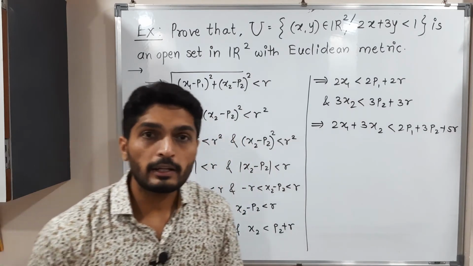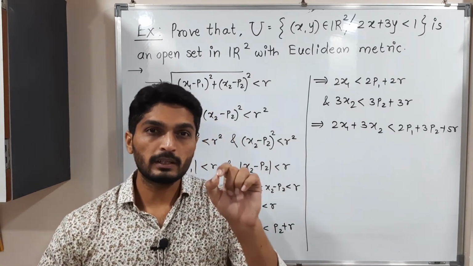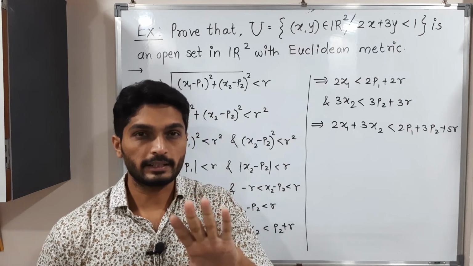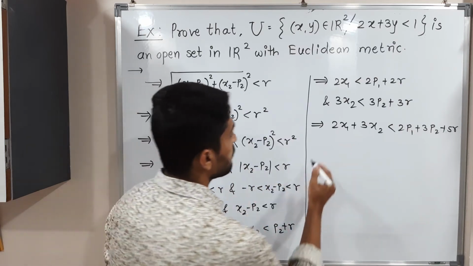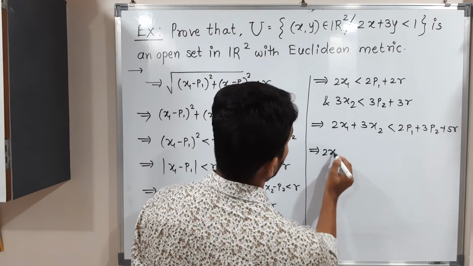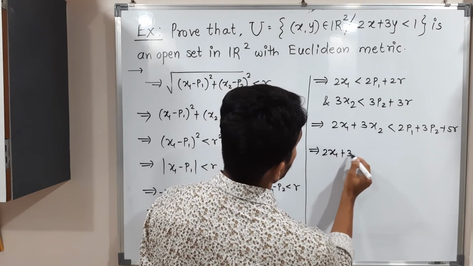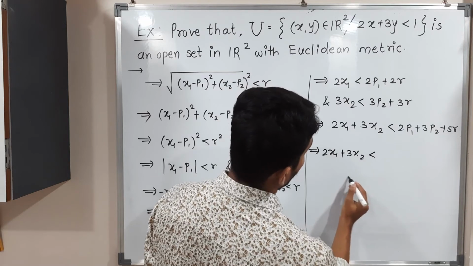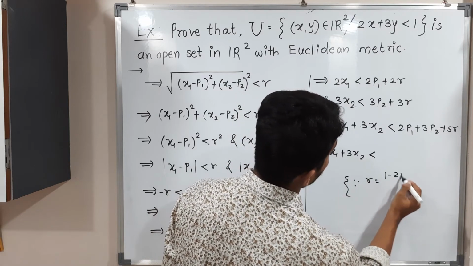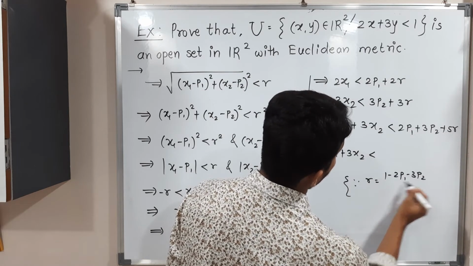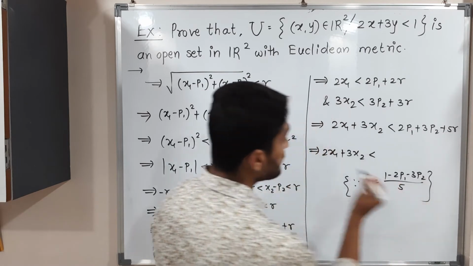You remember the value of r? r was 1 minus 2p1 minus 3p2 upon 5. So therefore I will put the value of 5r: 2x1 plus 3x2 less than 2p1 plus 3p2 plus, in bracket, because the value of r is 1 minus 2p1 minus 3p2 divided by 5. This is the value of r.